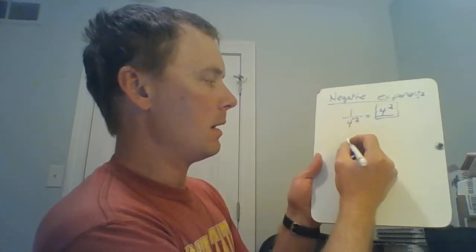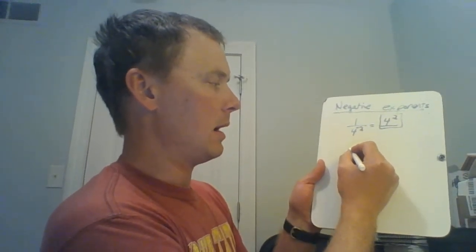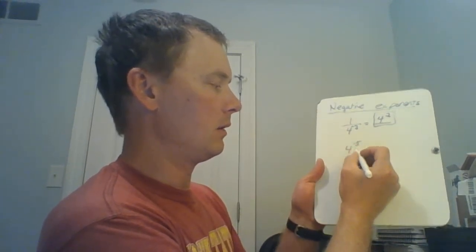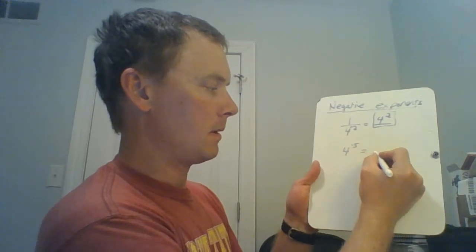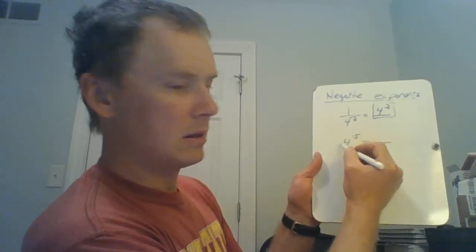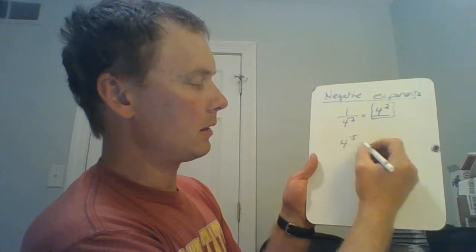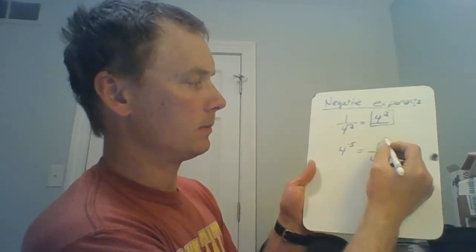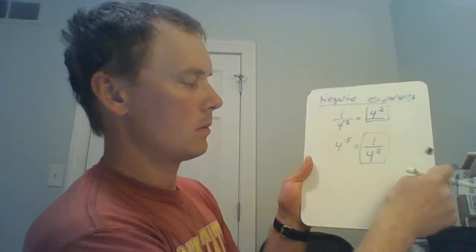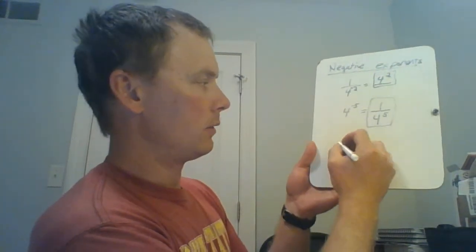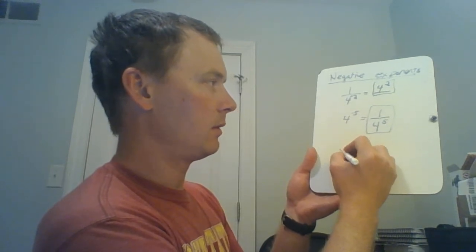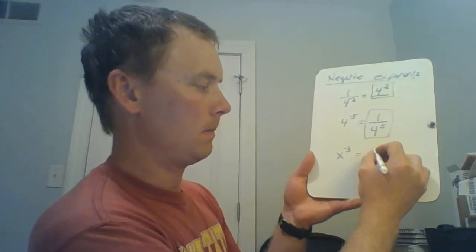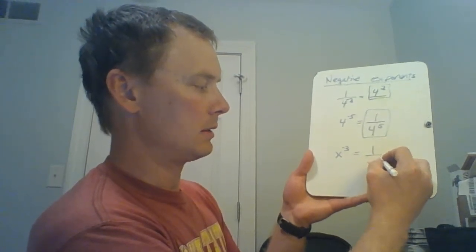Okay. If I had something like 4 to the negative fifth, again, we start with our fraction bar. This is in the numerator, so to make that exponent positive, we move the whole thing down here and make it positive. Okay. Let's try it with a variable. What if we have x to the negative third? Well, that would be 1/x to the positive third.